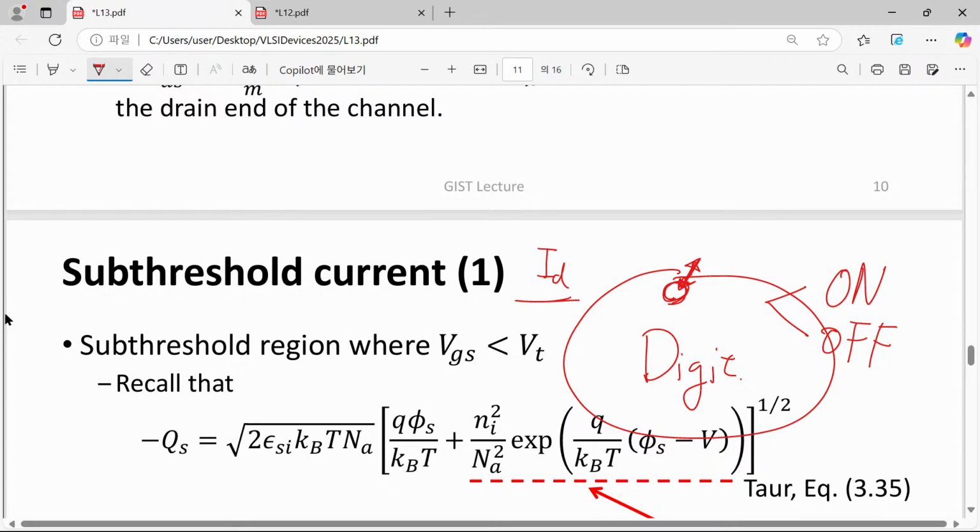So maximizing on-current is required for this on-state transistor. However, in many cases, our transistors are turned off. Now think about your cell phone. Your cell phone has billions of transistors inside it, and all of them are working at the same time.